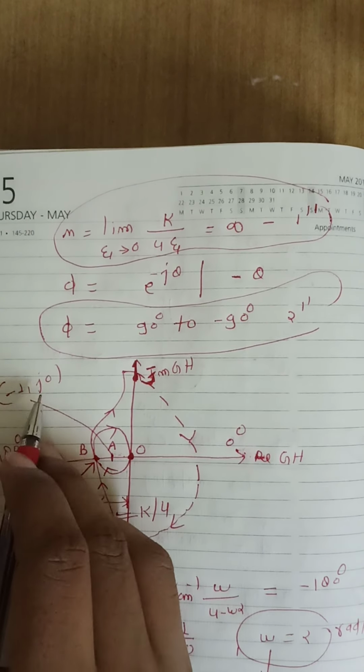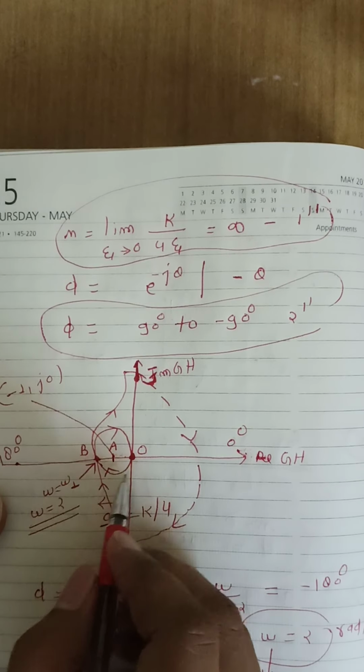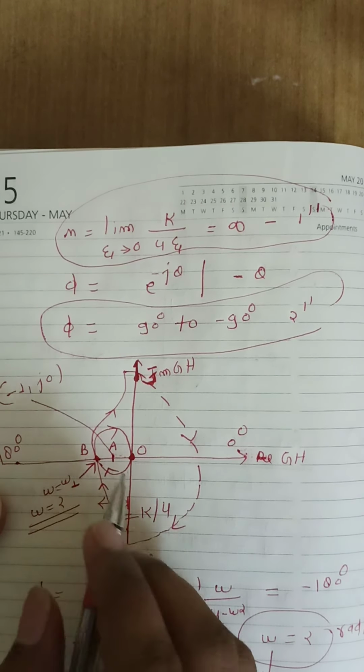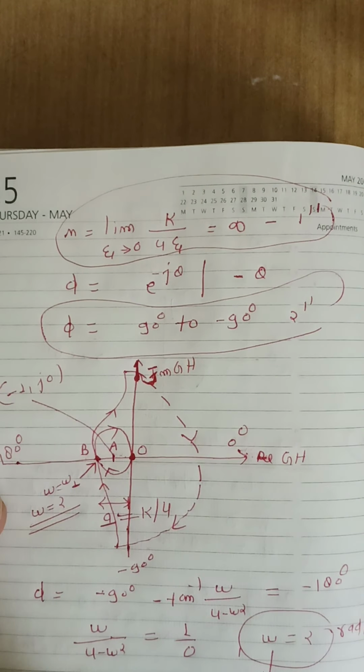So we have a critical point outside the first closed path and also outside the second closed path.